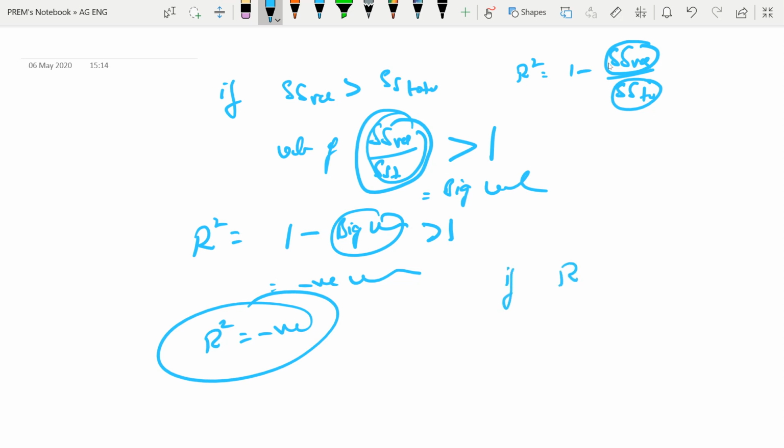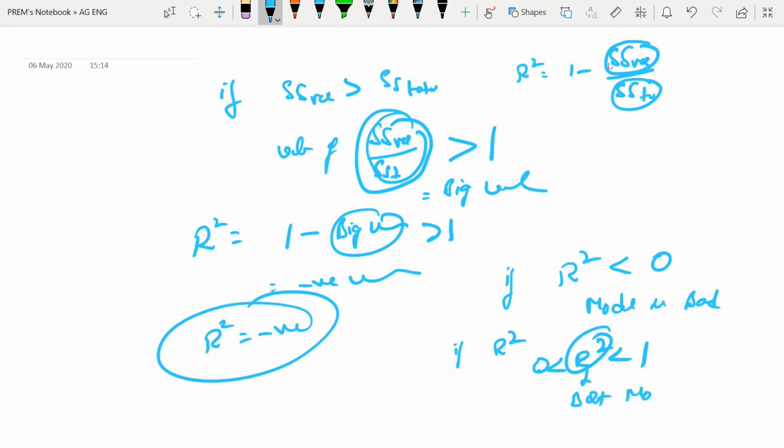So if R square is less than 0, our model is a bad model. If our R square is greater than 0 and less than 1, then our model will be a best model.